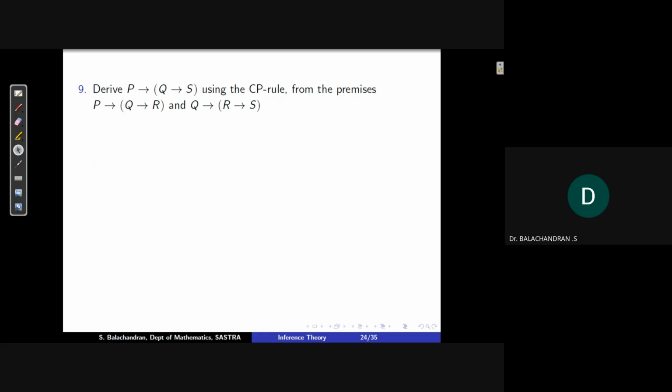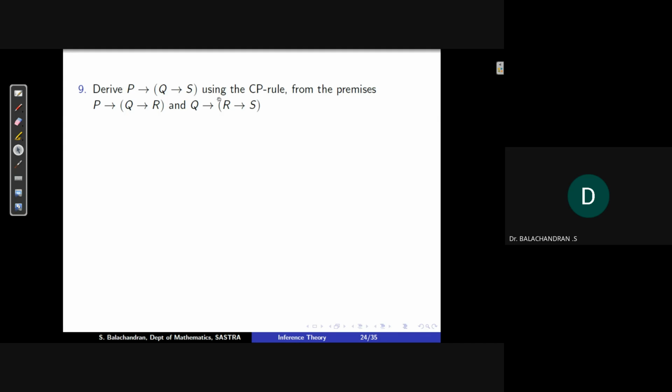Derive P implies (Q implies S) using the rule CP, conditional proof, from the premises P implies (Q implies R) and Q implies (R implies S). Here you should assume P as an additional premise. These two are the given premises.